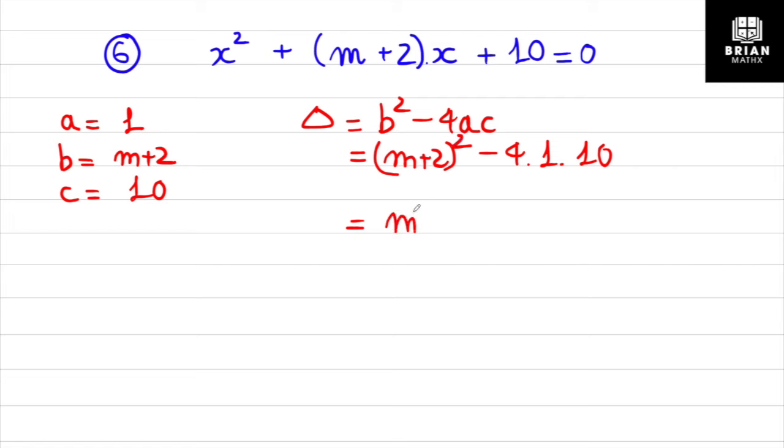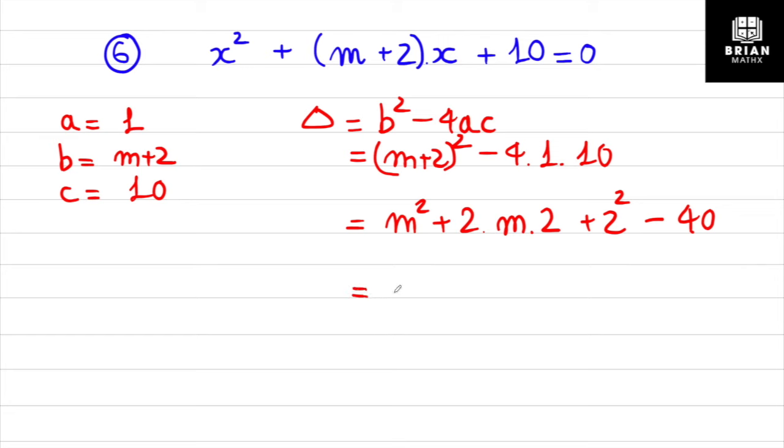You put A equal to M and B equal to 2, so you remember the formula: M squared plus 2 times M times 2 plus 2 squared, and negative 40, because 4 times 1 times 10 equals 40.